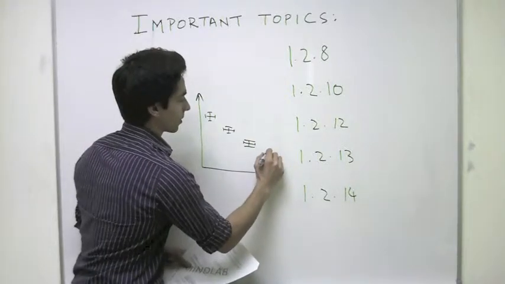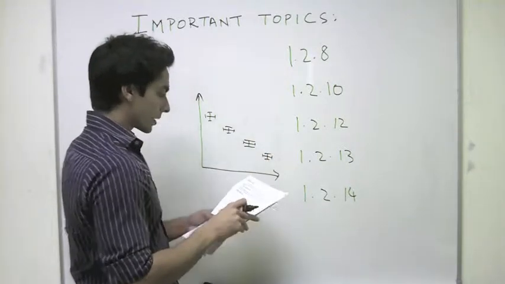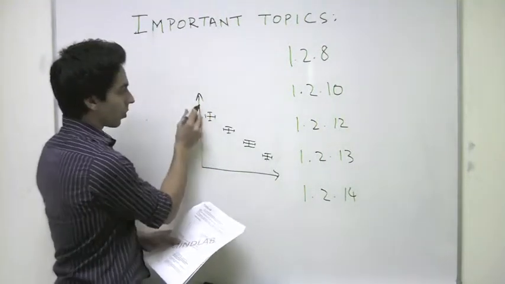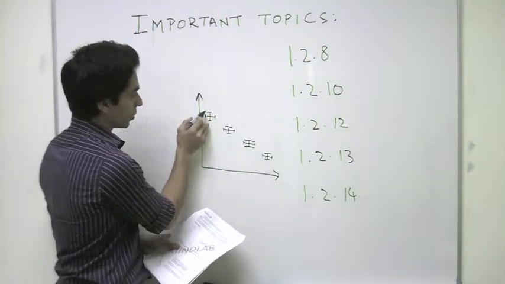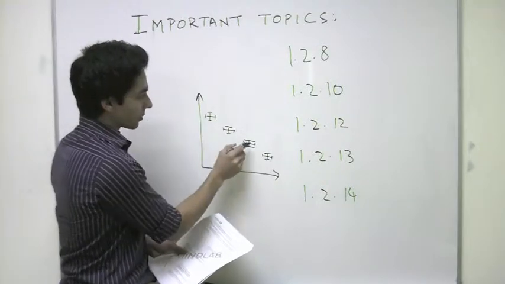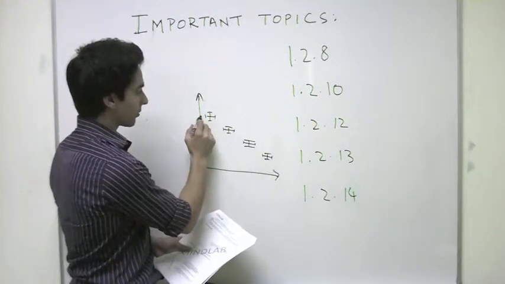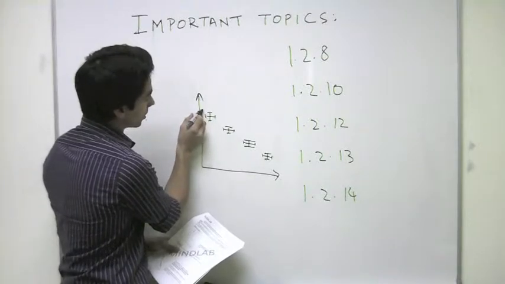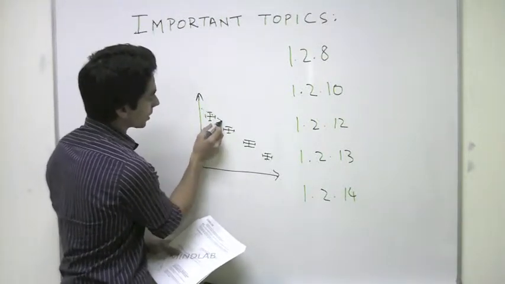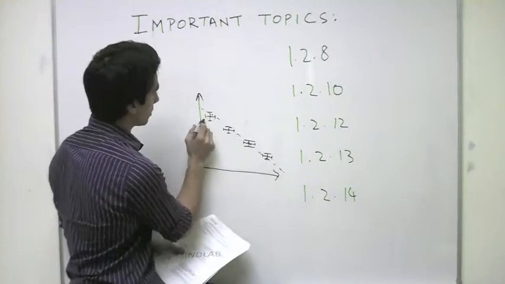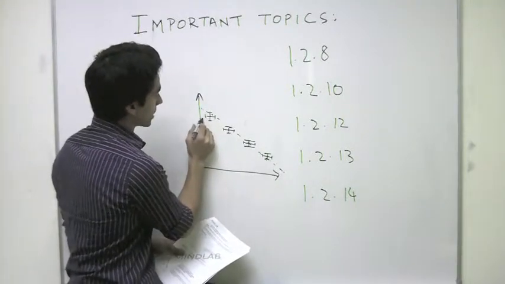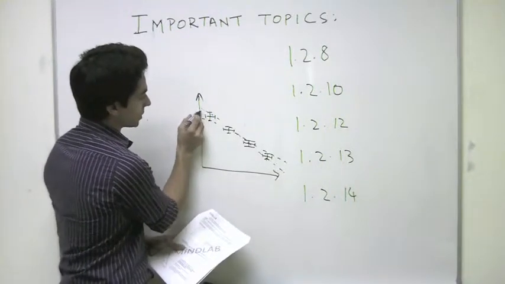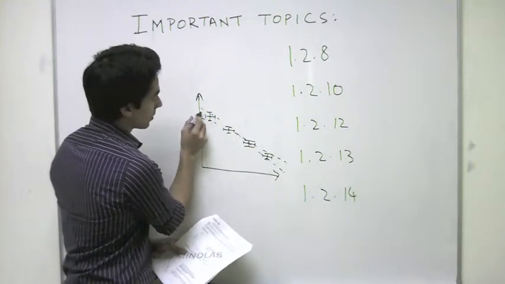Now, in order to calculate the uncertainty range, what the students will always be expected to do is draw a line of the maximum gradient, draw a line of the minimum gradient. So the maximum gradient would be from the top of the error bar here to the bottom of the error bar there. And the minimum gradient, for example, will be from the bottom here to the top here, and a line of best fit which is somewhere in between.